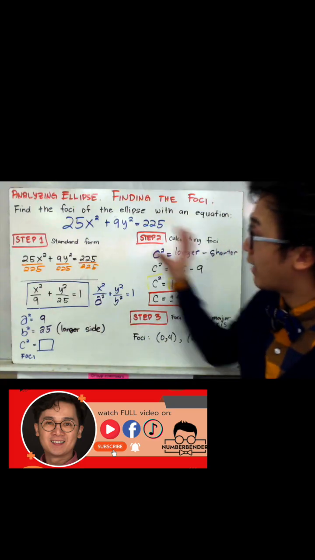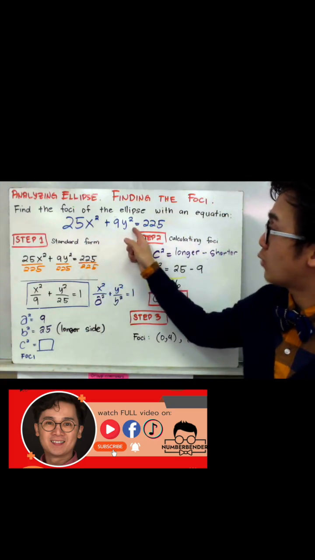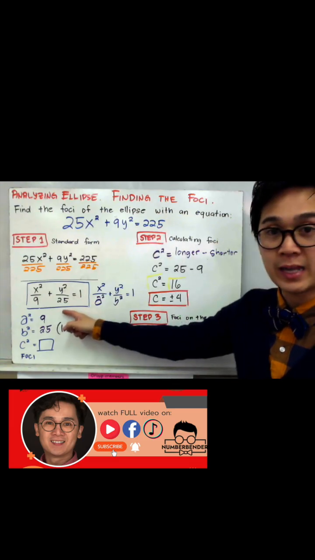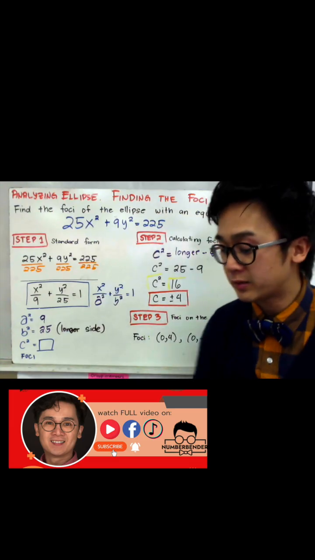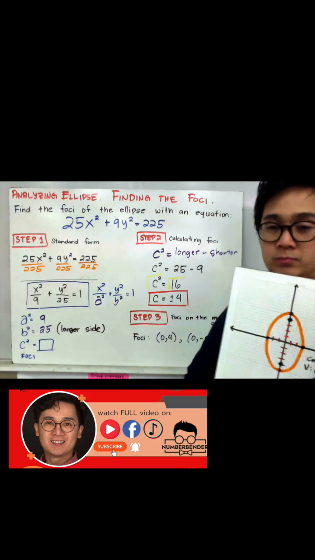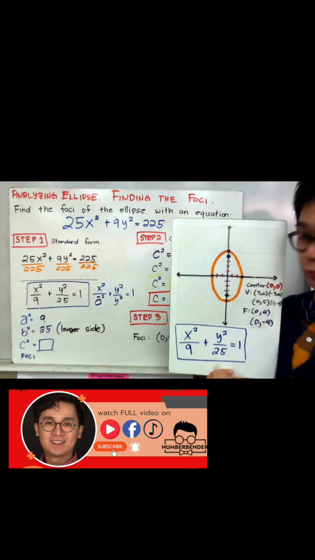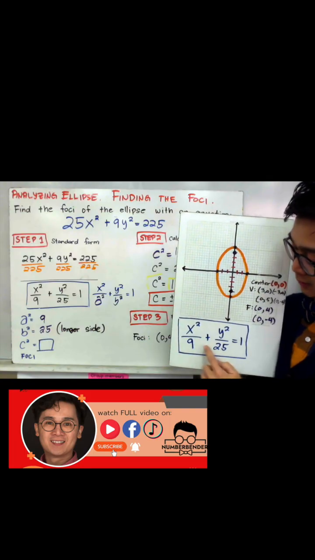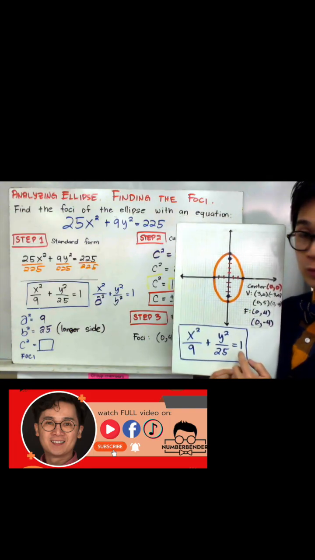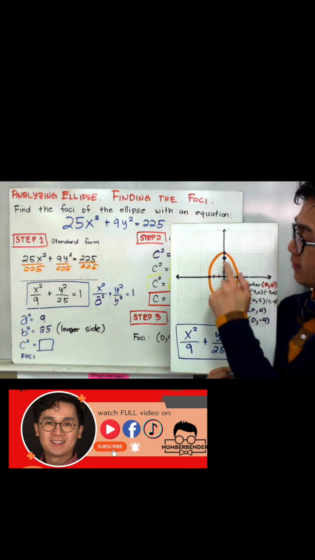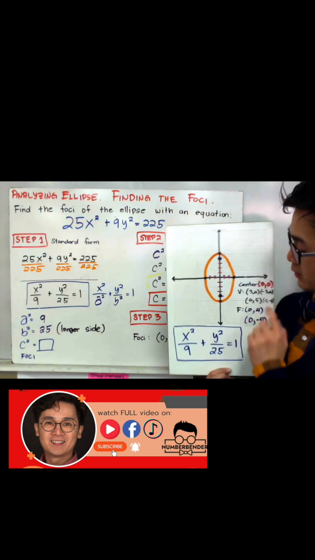Now, if we graph 25x squared plus 9y squared equal to 225, which is turned into this standard equation of the ellipse, it will look something like this. This is the graph of your equation, x squared over 9 plus y squared over 25 is equal to 1, wherein we have our vertices right here and the foci at (0, 4).